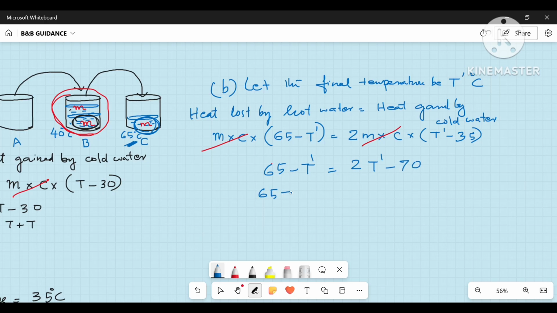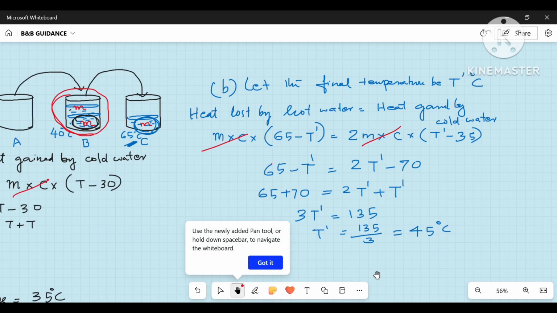On rearranging, 65 plus 70 is equal to 2 times T dash plus T dash. That means 3 T dash is equal to 135. So T dash is equal to 135 divided by 3. What is that value? 4 3s are 12, 45. Okay, 45 degrees Celsius.